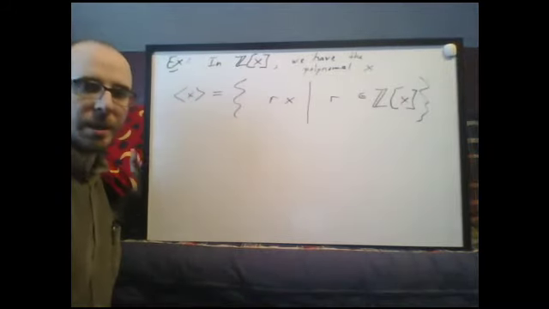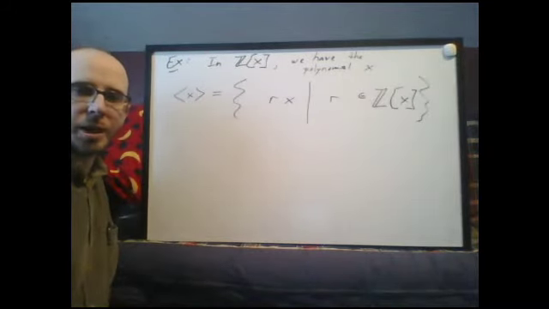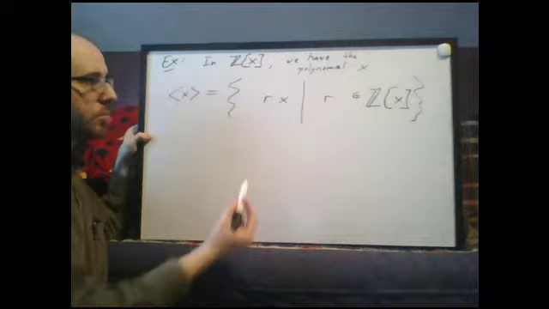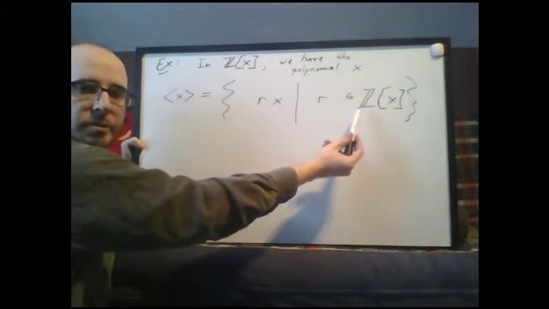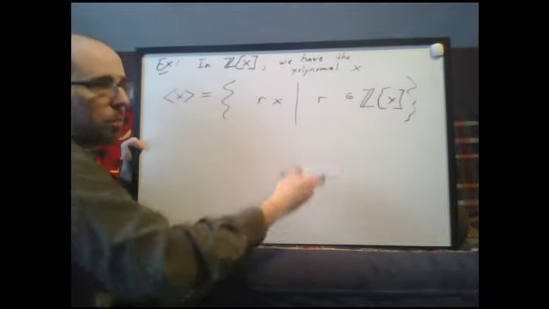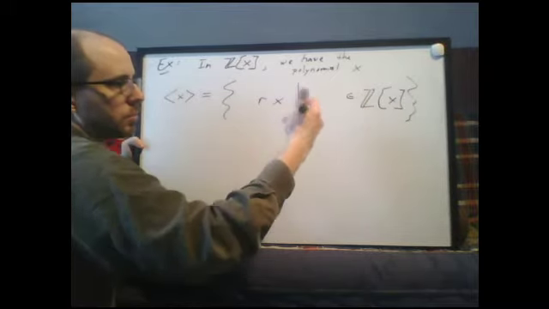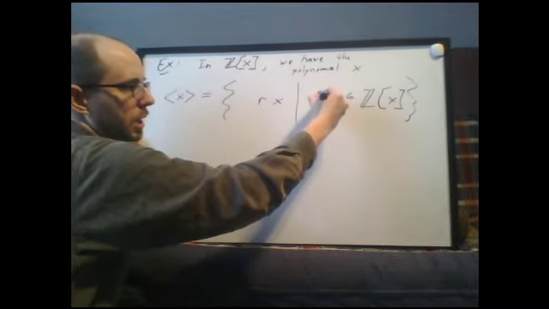Now let me be a little bit more deliberate with how I choose my notation. What is an element of ZX? It's a polynomial. So let's call it P of x.